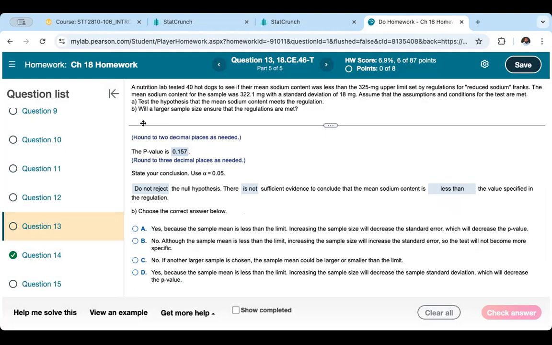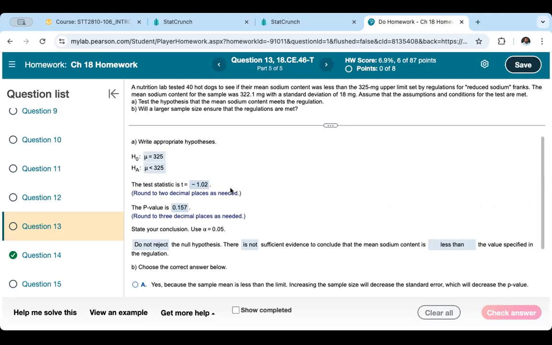What is the regulation? The regulation is trying to find that the mean sodium content is less than 325. Is that okay? So for example, if they increase the hot dogs to say 400, do you think they would meet the regulation? If yes, why? If no, why?